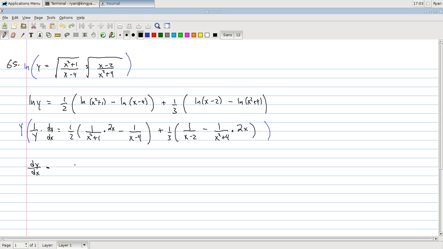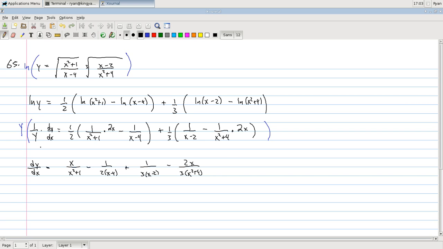On the right-hand side, we can distribute this 1/2 through here, leaving us with x over x squared plus 1 minus 1 over 2(x minus 4). We can distribute this 1/3 to both terms. So we've got 1 over 3(x minus 2) minus 2x over 3(x squared plus 4), just distributing the 1/3 to both terms and multiplying this out.